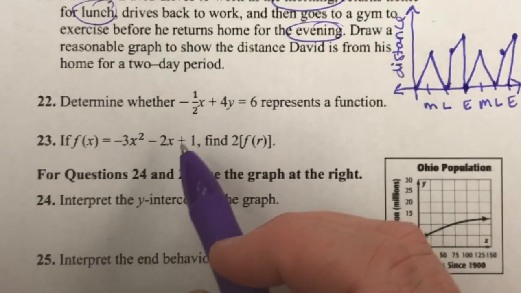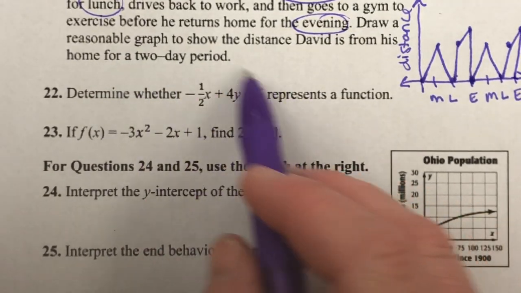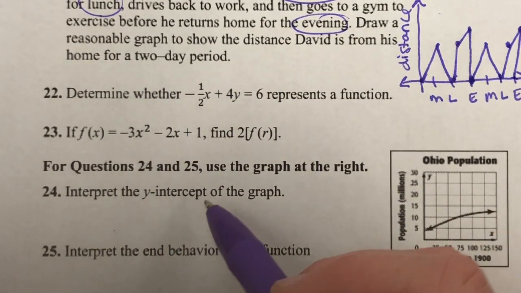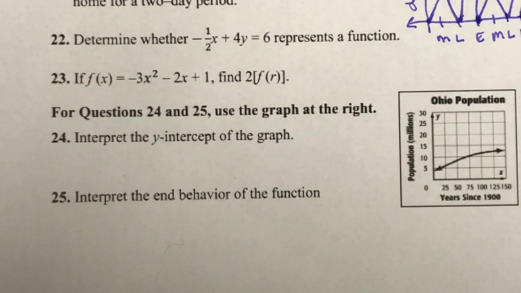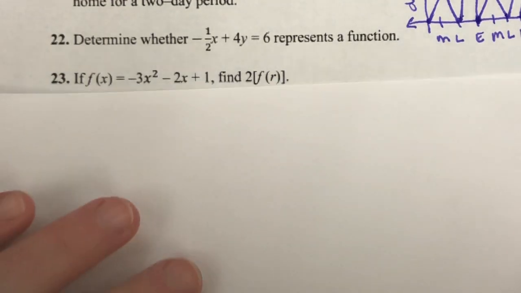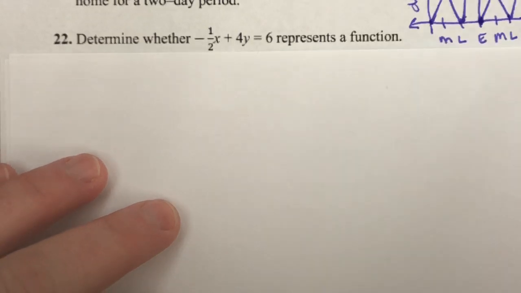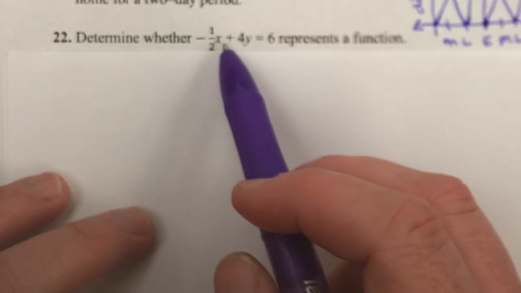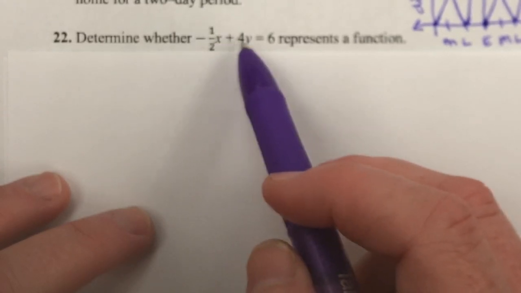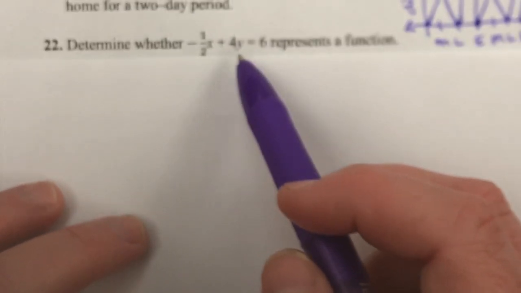All right, number 22. Determine whether this equation represents a function. How do we know if we have a function? None of the x values can ever repeat, right? So for every x value, there's one y value. So here, if I plug anything in for x, could I ever get 2 different numbers for y for the same x?